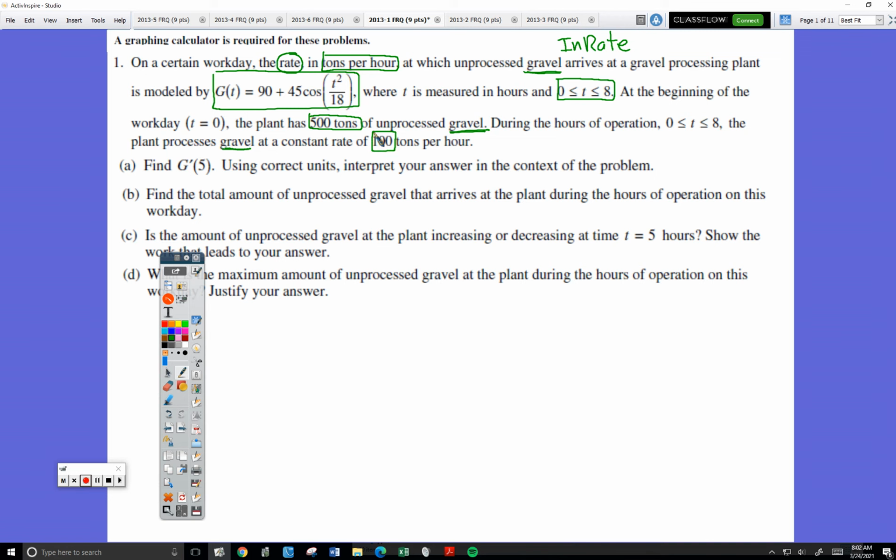So the idea is that you have a plant, it's just like a water tank. You have a plant, there's a rate at which gravel comes in, there's a rate at which gravel goes out once it's processed.